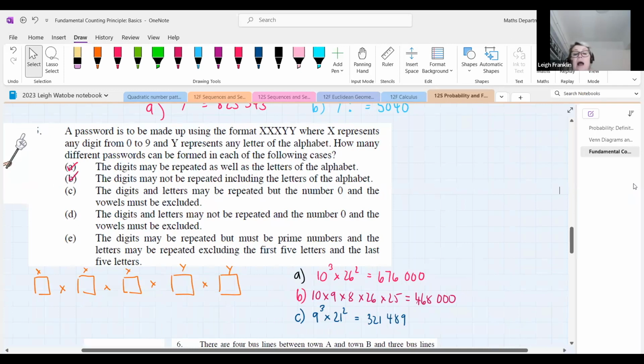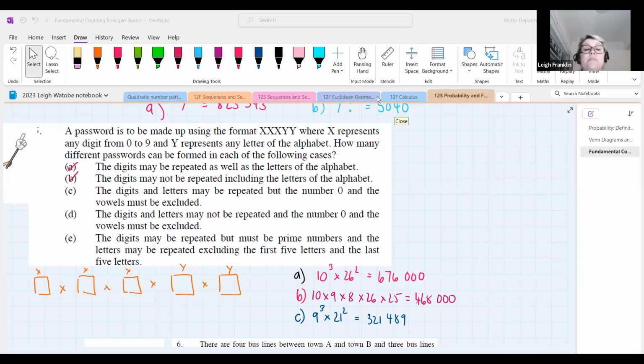How could we use factorial notation to answer question B? Divide. Ah, there we go, Sinanhlanhla. Well done. Sinanhlanhla has messaged me and said we must divide by the repetition. Sinanhlanhla is quite right.